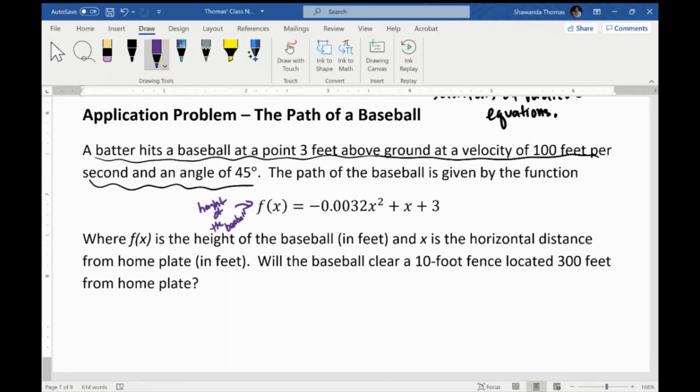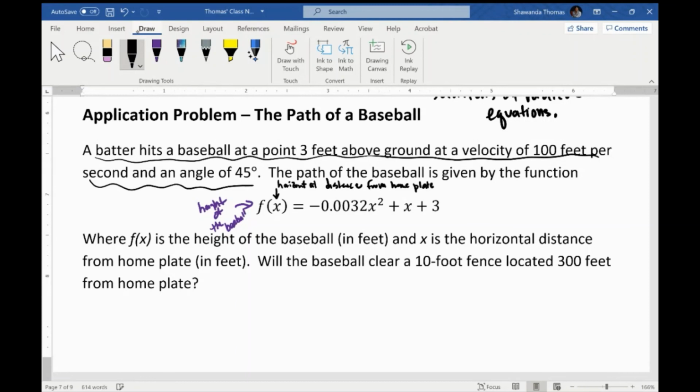You already read the question. All right, good. So x is the horizontal distance from home plate.